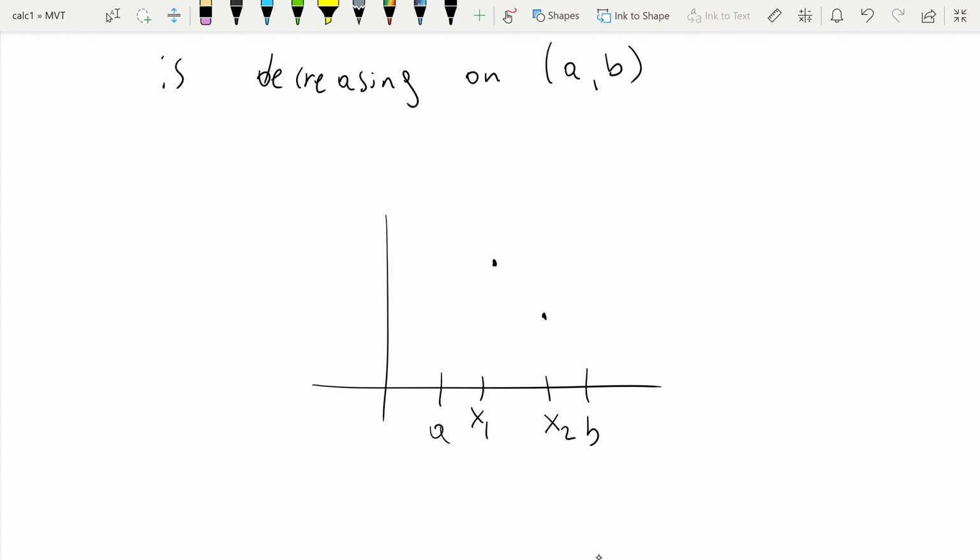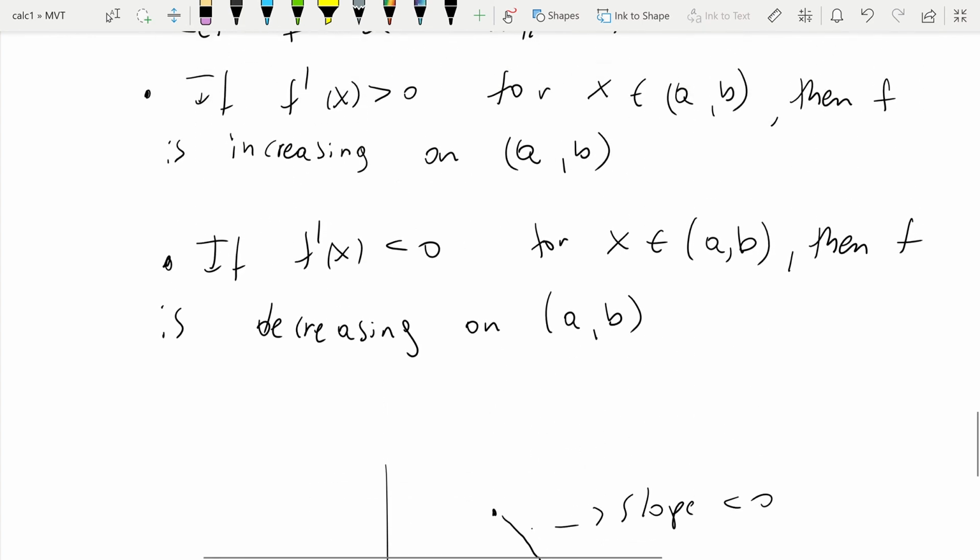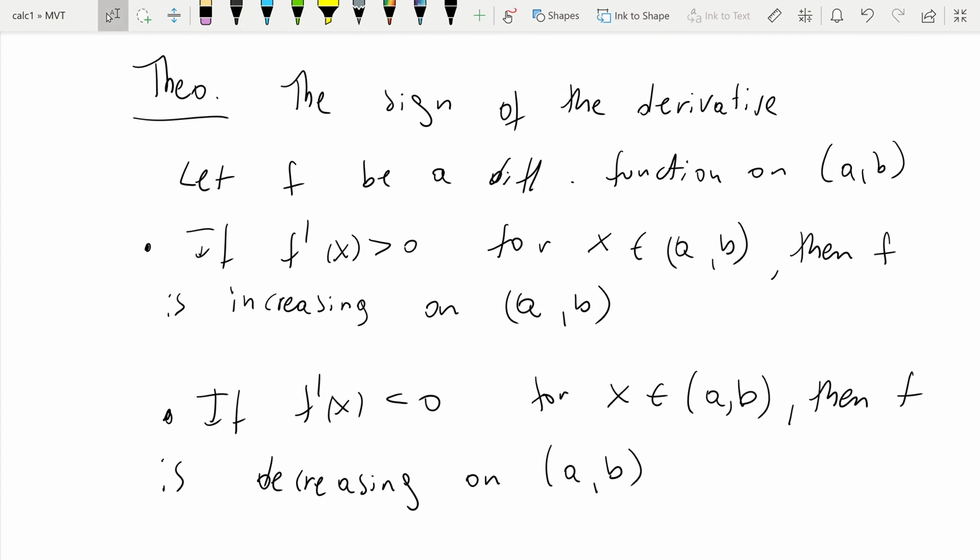And by virtue of the mean value theorem, you look at the secant line. The slope here is negative, so you must be able to find a point in between such that the derivative, the slope of the tangent line, is negative as well. But that's impossible because the derivative is assumed to be positive.